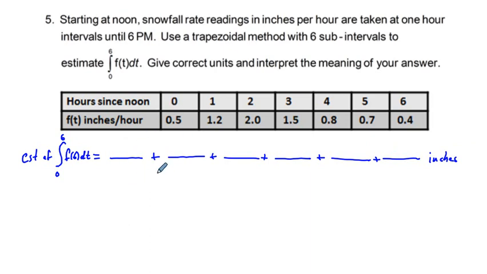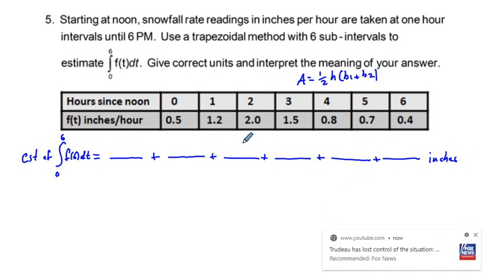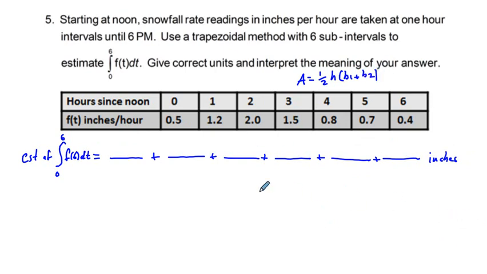Now using the trapezoidal rule, I'm going to just write this up here. The area of a trapezoid is equal to 1/2 of the height times base 1 plus base 2. So we're going to use all that. So we have here the first one.